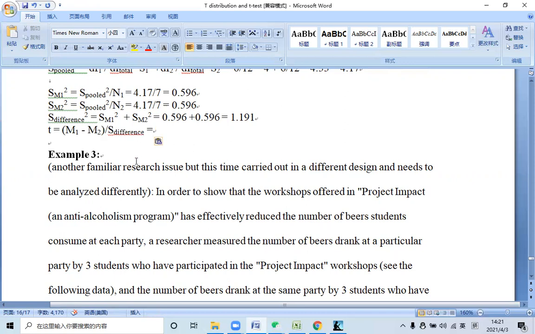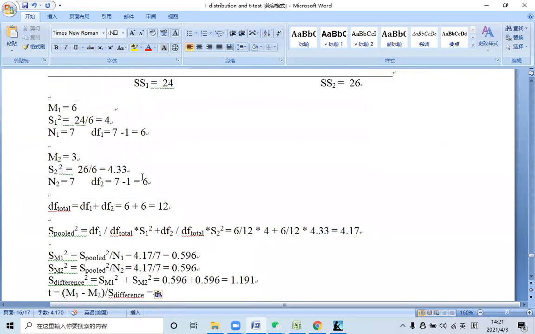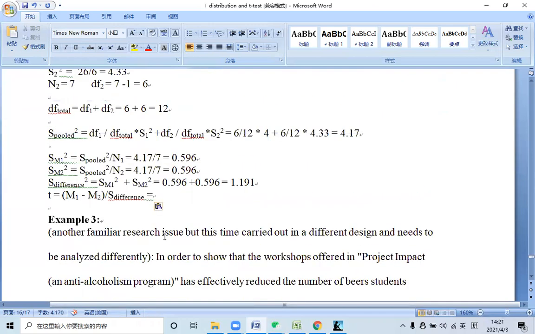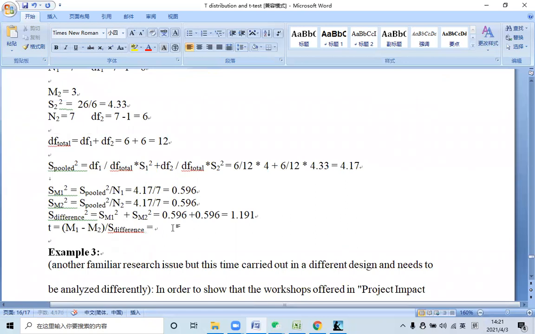The difference between the two means: mean 1 is 6, mean 2 is 3. Six minus 3.